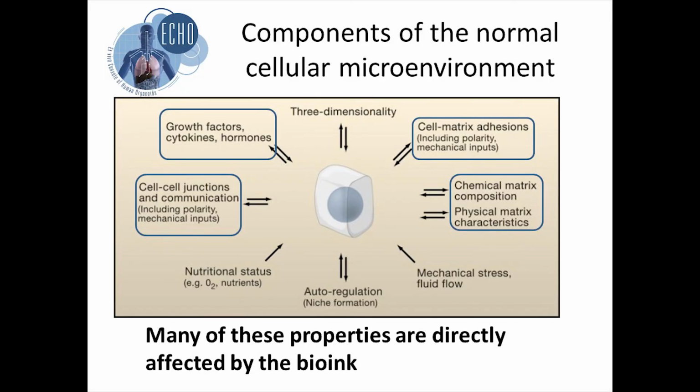These components include cell-cell contact, growth factor concentration near the surface of the cells, cell-matrix adhesion phenomena, and the chemical and physical properties of the surrounding matrix. These are properties that are directly affected by our bioinks.